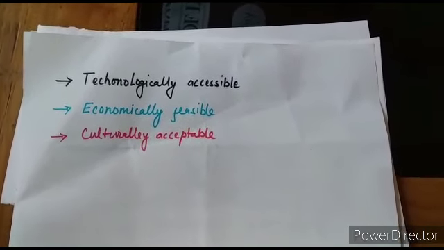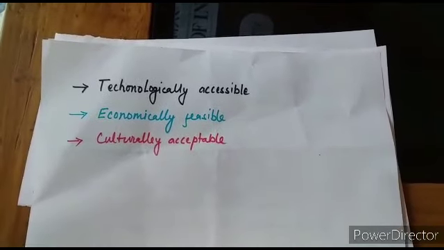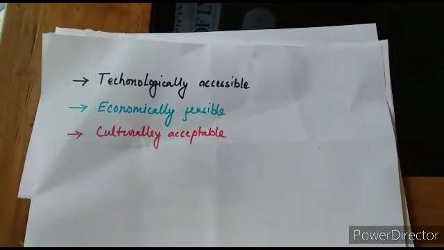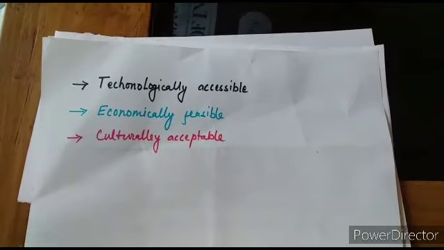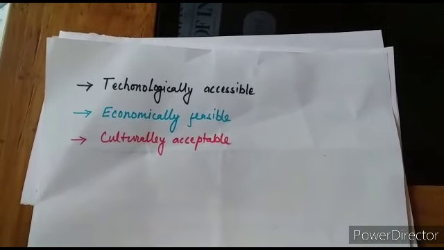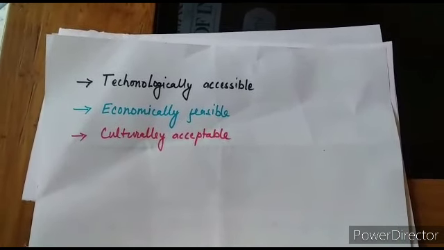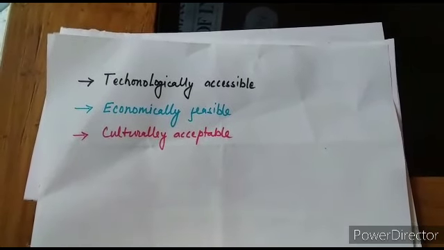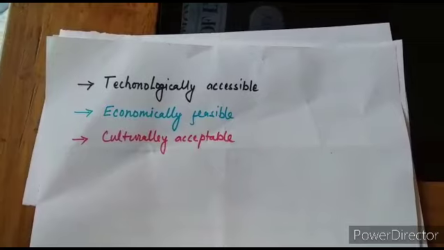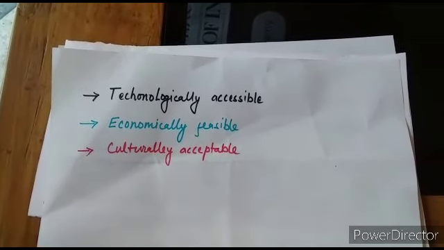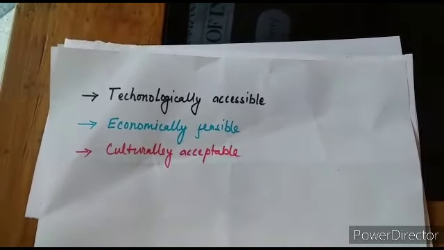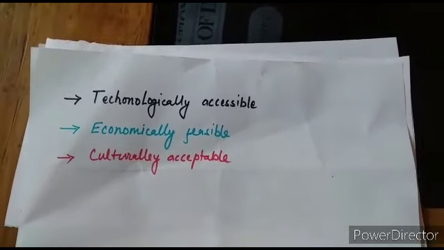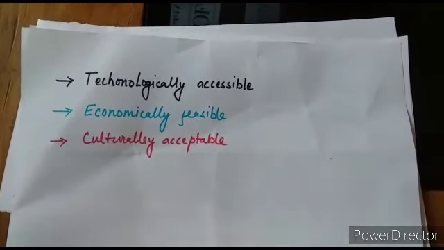You can ask your grandparents about their food habits. They will tell you, in our times there was no use of fast food, which has now become an integral part of our life. So fast food slowly gained cultural acceptance. So resources have changed, the food habit has changed.